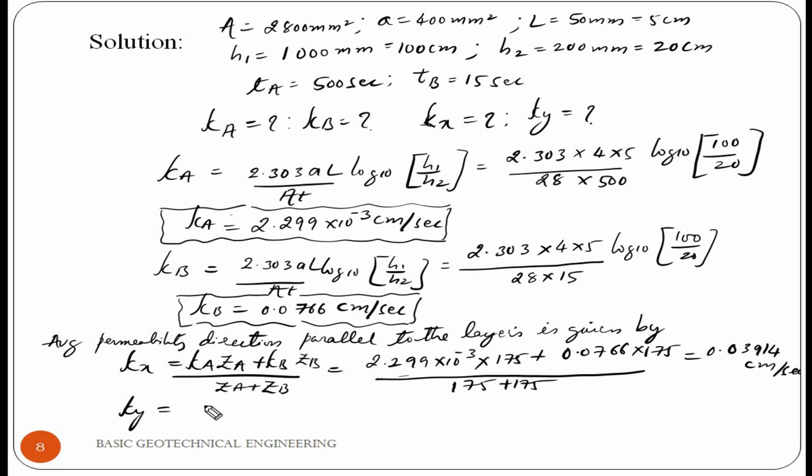Similarly, we have to calculate the average coefficient of permeability perpendicular to the bedding planes. The formula is Ky is equal to capital Z divided by Z1 by K1 plus Z2 by K2.